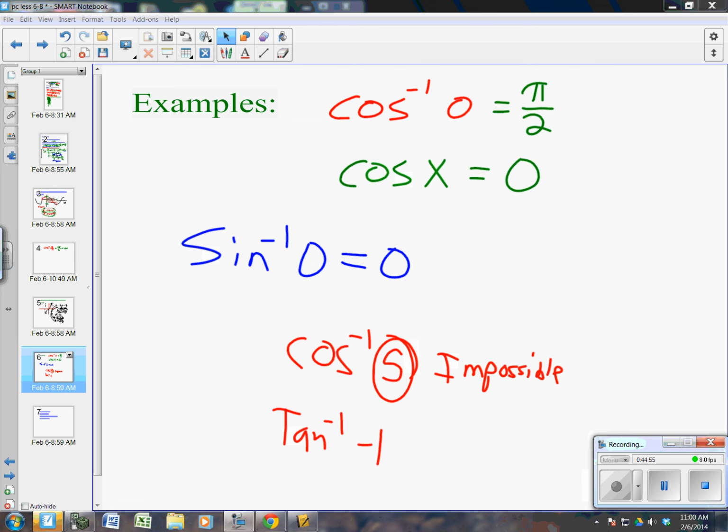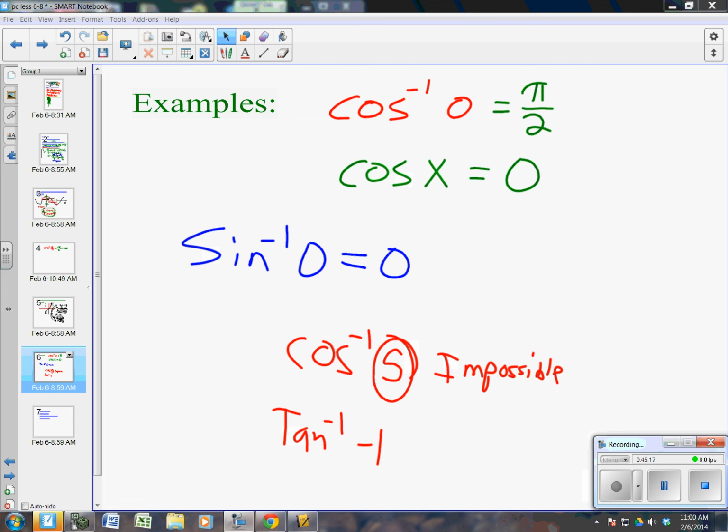Okay, what do you guys think it is? Negative pi fourths? 7 pi fourths? So what is it, 7 pi fourths or negative pi fourths? Negative pi fourths. Why is it negative pi fourths and not 7 pi fourths? You don't go all the way around.